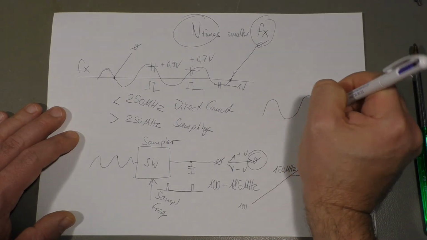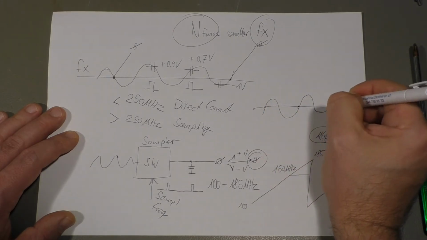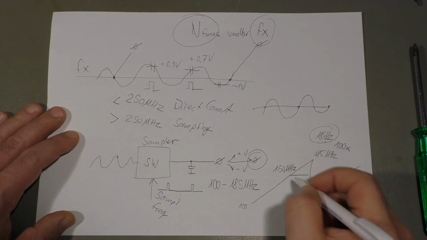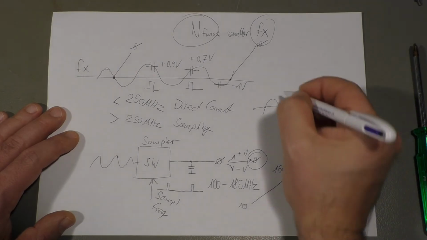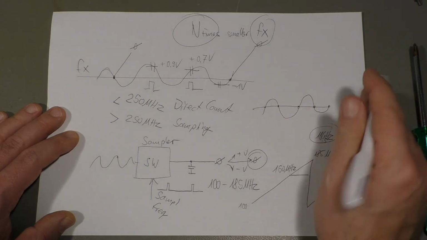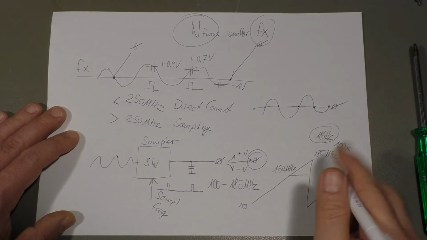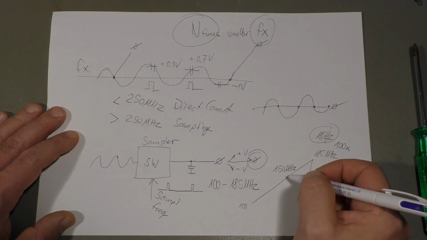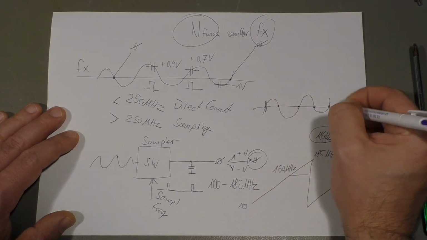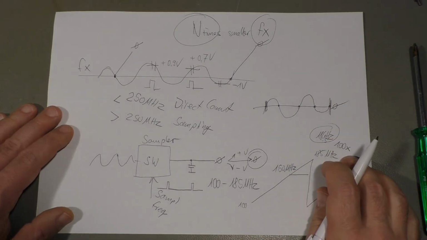That means you're sampling every 0 crossing here. It could also be only 75 megahertz. Then you sample the up and the down slope here of the zero crossing. It could be 300 megahertz. Then you sample here, not here, but here again. And so on up to 18 gigahertz.